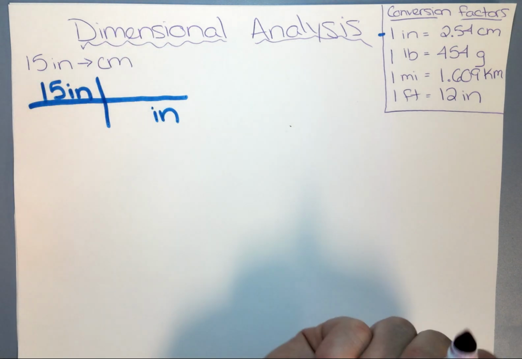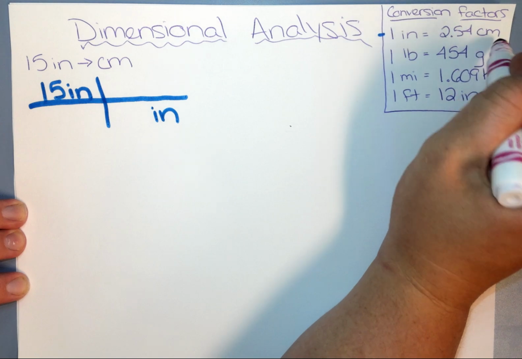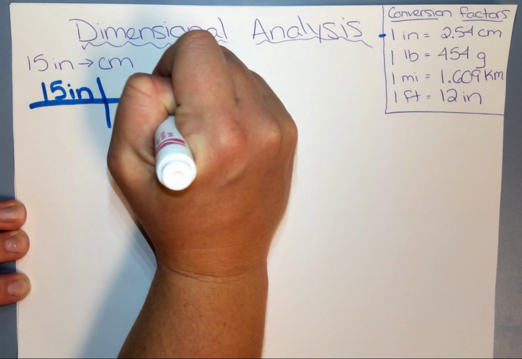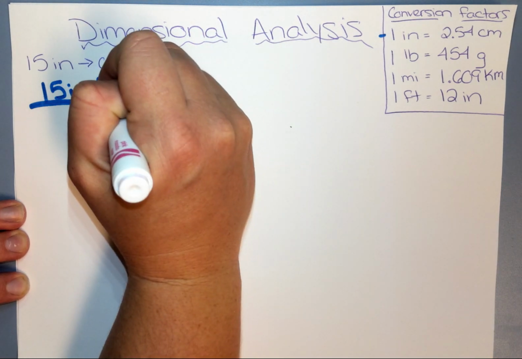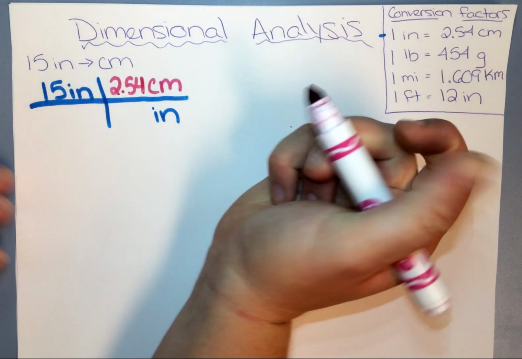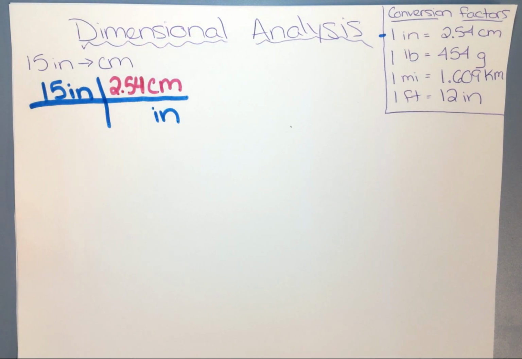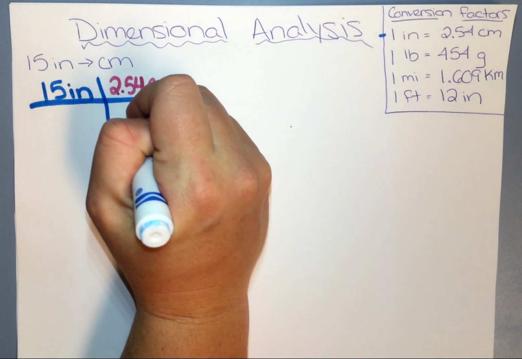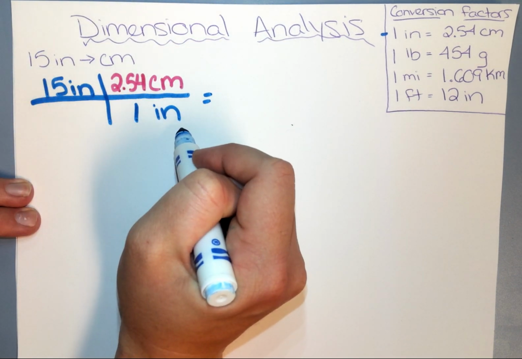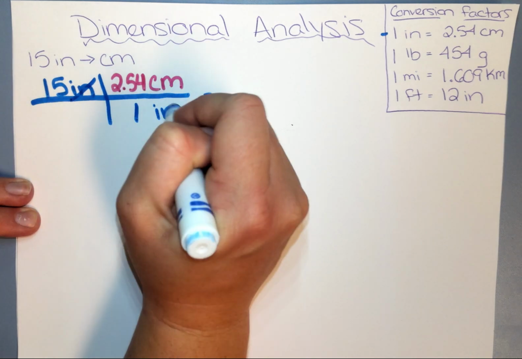In this case, I have the direct conversion from inches to centimeters, so I can just write that right in. So 1 inch is 2.54 centimeters. Right here, if I have inches on top and inches on the bottom, my units cancel.